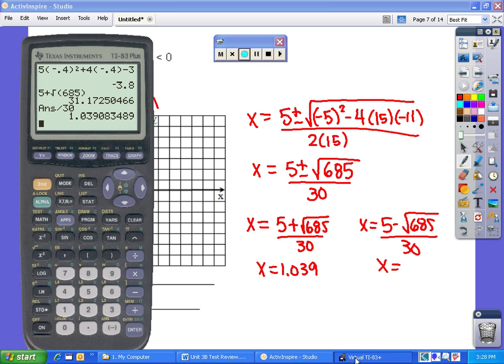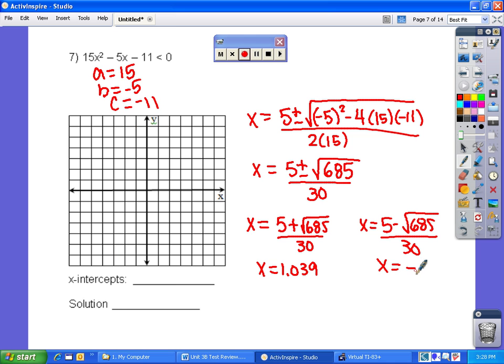And the next one is negative 0.706 or 705. So 1.039 goes after 1, and negative 0.706 goes before negative 1. And you might want to label them because you're going to need them later.